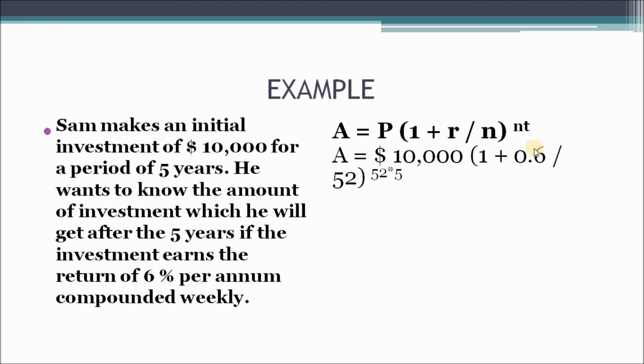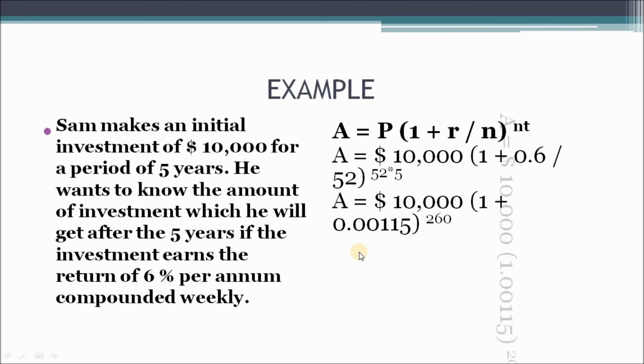So 1 plus the rate, 0.06, divided by n, that is 52, and then you raise it to the power of 52 times 5 because the time is 5 years. Let's multiply them and we get the answer. Everything is the same, we have just multiplied this.